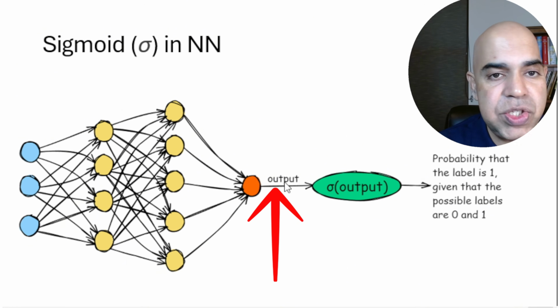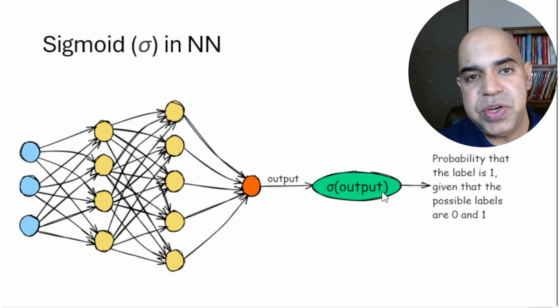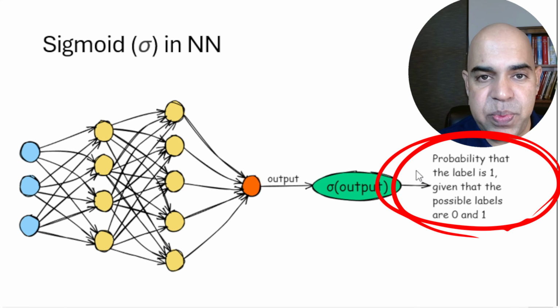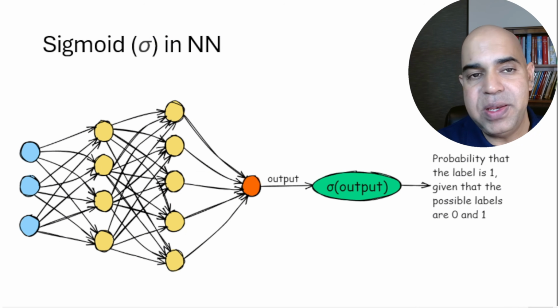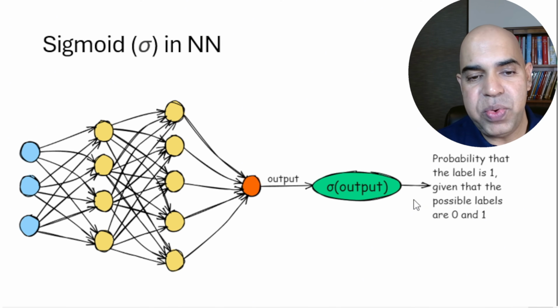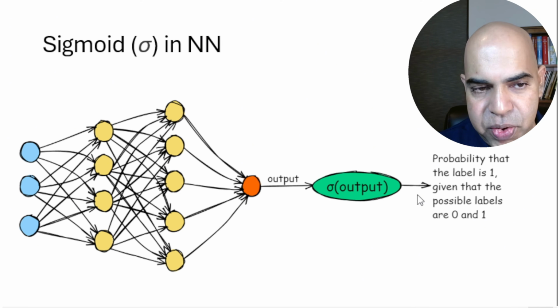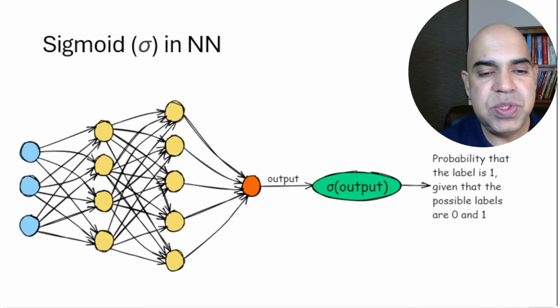The raw logit is a real number, but when you send it through the sigmoid function, the final output becomes a probability that varies between 0 and 1. A very high probability would indicate that the label is 1, and a very low probability would indicate that the label is 0. So you can build your error function based on this probability. Generally, binary cross entropy loss is used for binary classification as the loss function.